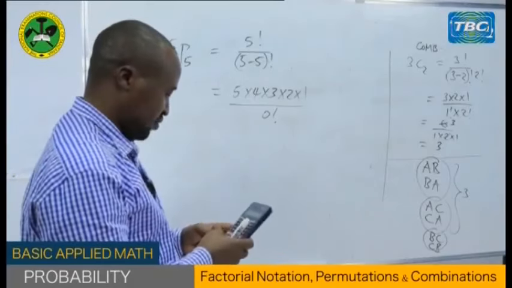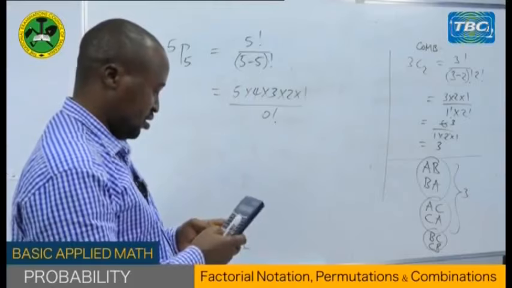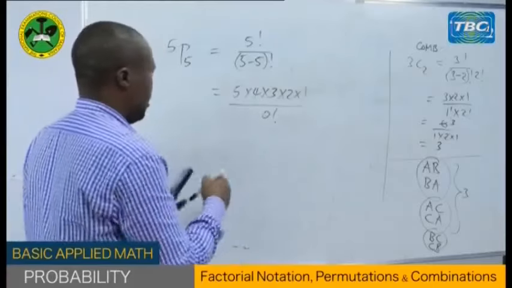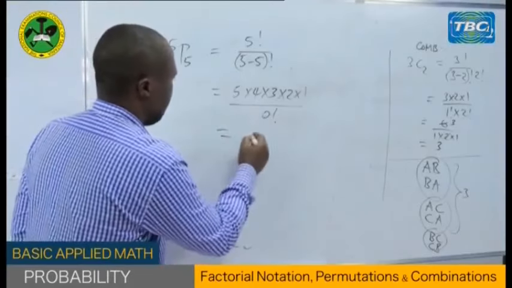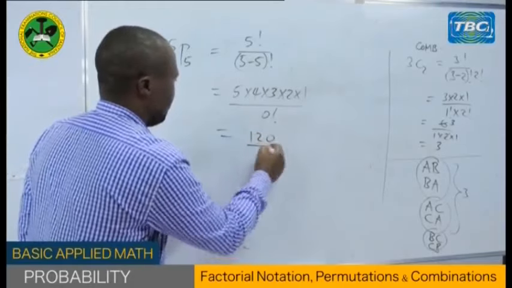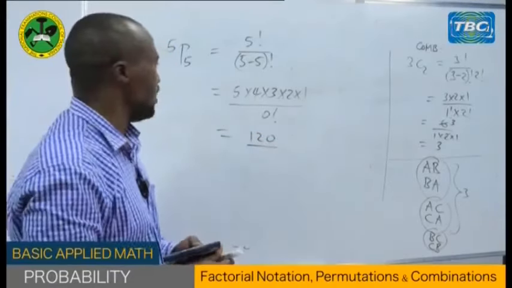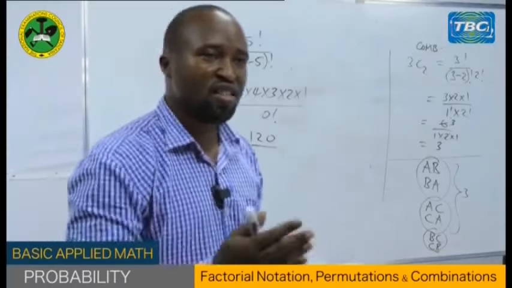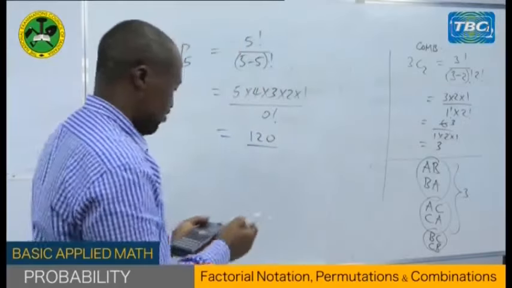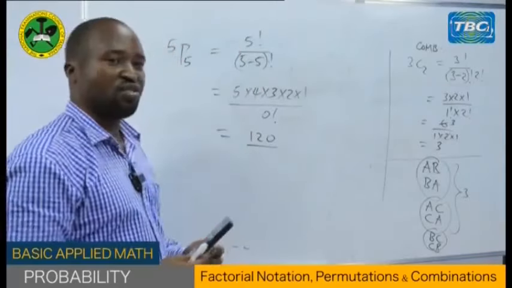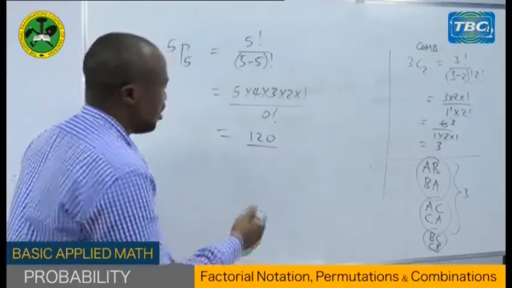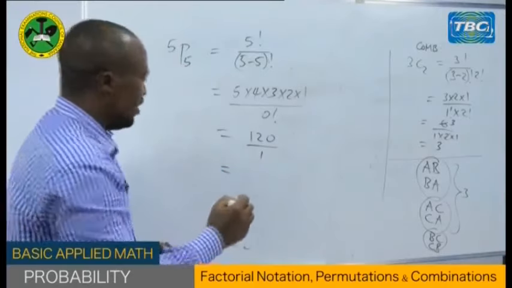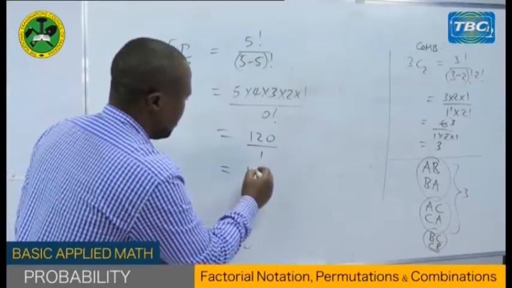Now for the numerator, we have the answer, that is 120. For the denominator, we have 0 factorial. In mathematics, 0 factorial is equal to 1. So even by using a calculator, you can prove that 0 factorial is equal to 1. So here we have 120 divided by 1. Therefore, the final answer will be 120.